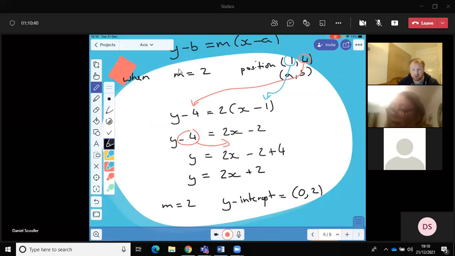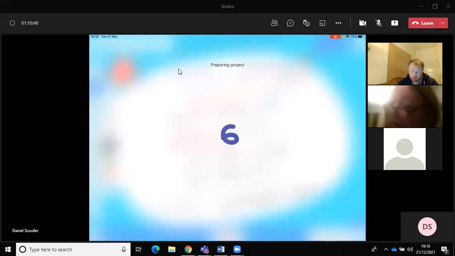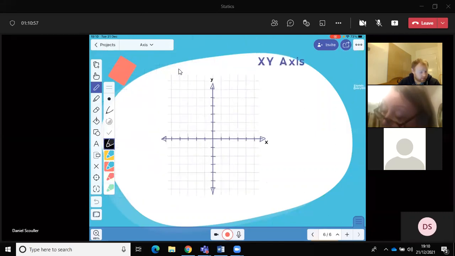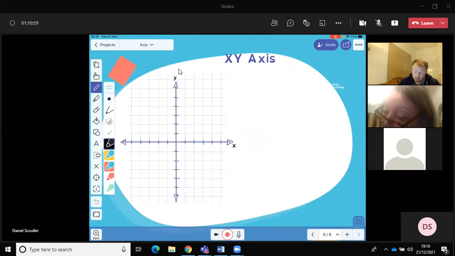Any questions? Okay, so we've been given 2 bits of information, gradient and position. Only one position. 2 bits of information were given in this one.